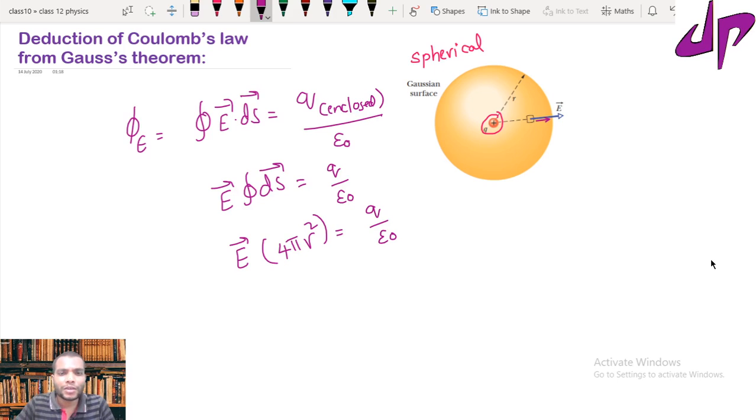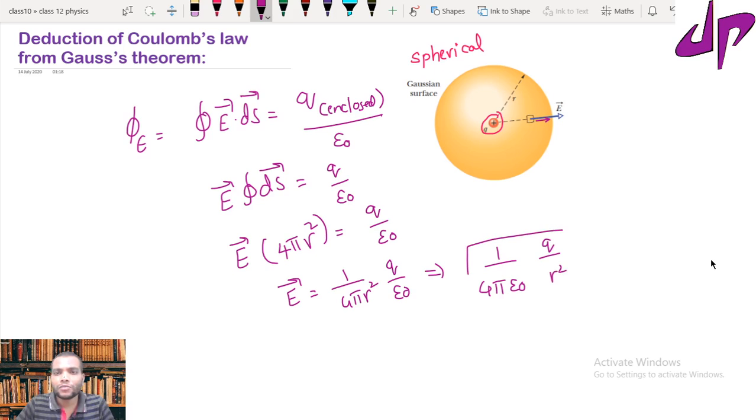From this equation you can write the electric field E bar by taking this term to the other side: 1 over 4 pi r square times q by epsilon naught. Rearranging the denominators, E equals 1 over 4 pi epsilon naught q by r square. So this is the expression for the electric field due to this point charge at a given point.